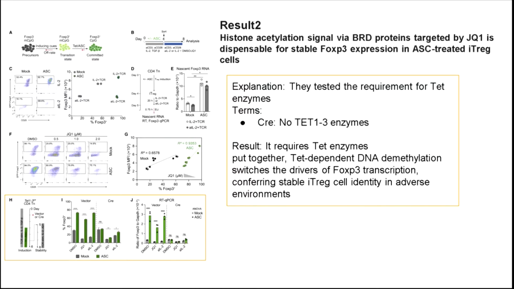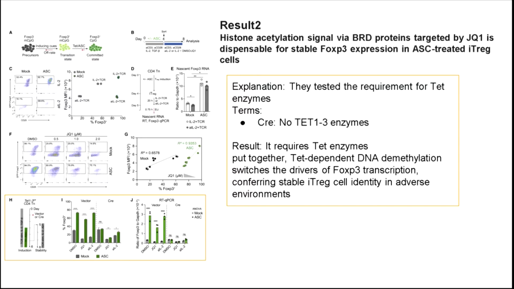To test the requirement for TET enzymes, they removed TET1, TET2, and TET3 in CD4 naive cells with retroviral Cre. In figure I, Cre-transduced iTreg cells significantly decreased the stability of Foxp3 expression in ASC-treated iTreg cells, shown in green, after JQ1 treatment or upon IL-2 deprivation.